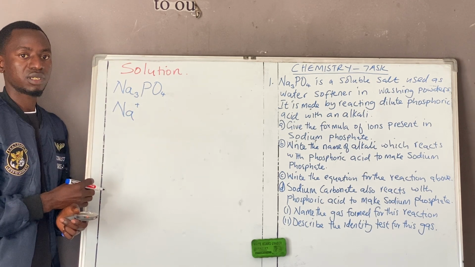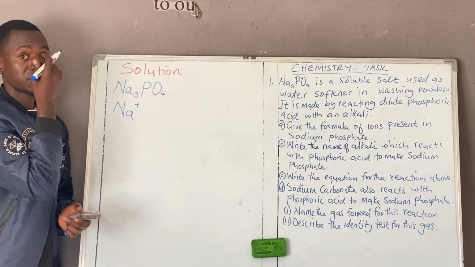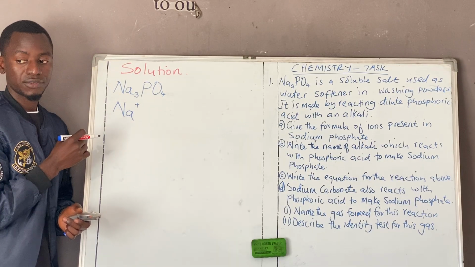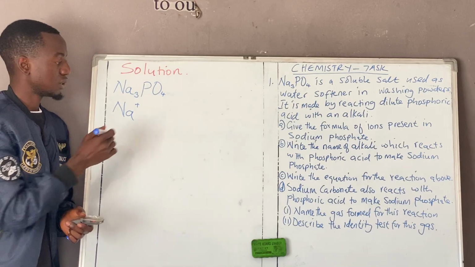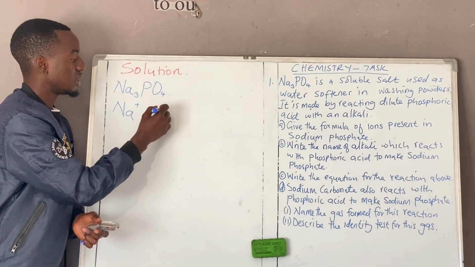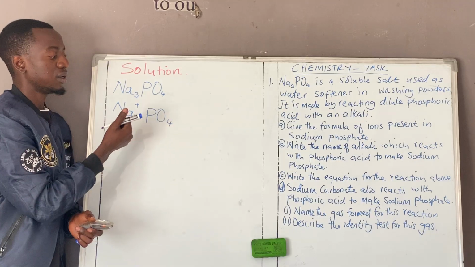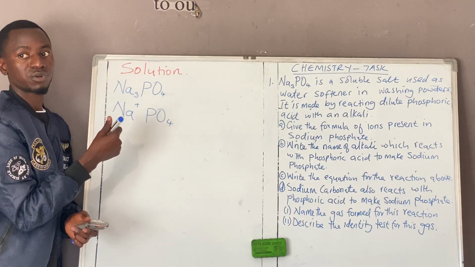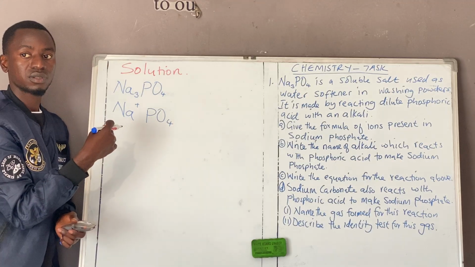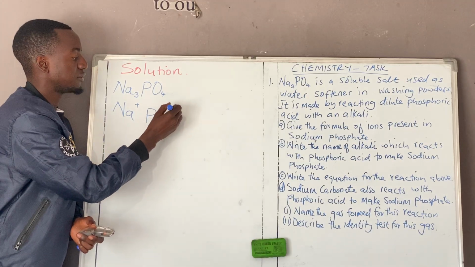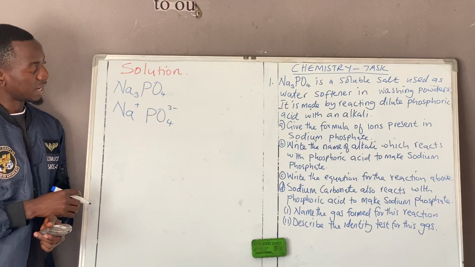How about phosphate? 3. So you have PO4. Now is that 3 minus or positive? Minus. So I have 3 minus, like that.